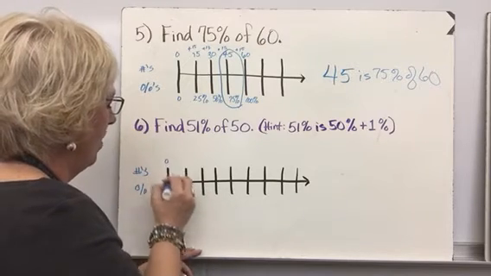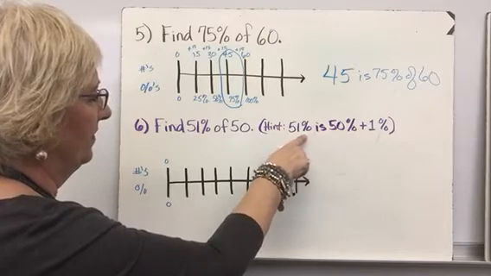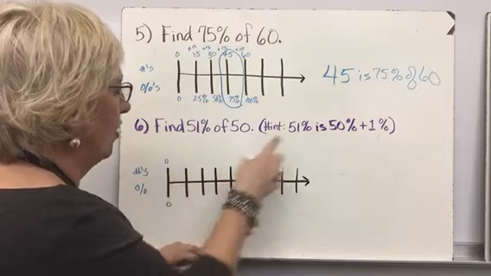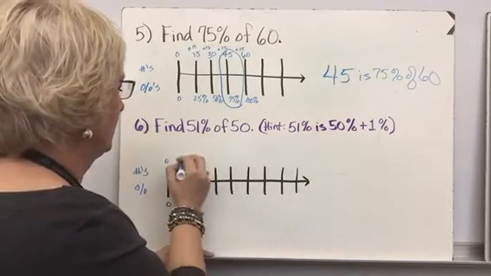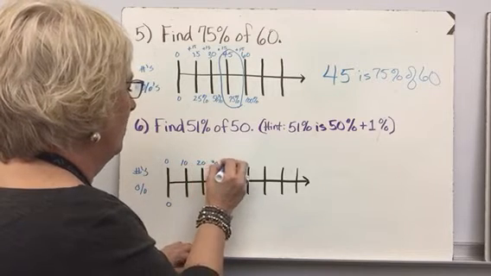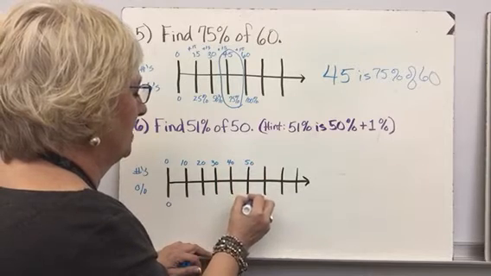I'm going to look at my numbers up here. I'm going to go all the way to 50. So let's count it as 10, 20, 30, 40, 50. And I know that this is going to be 100%.